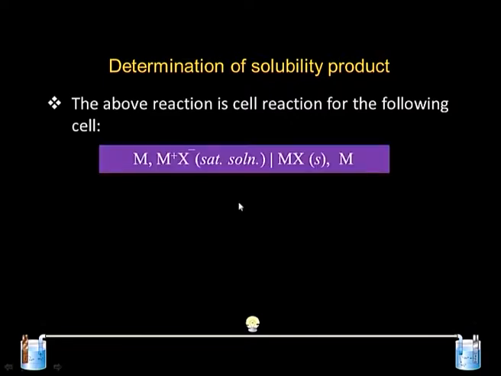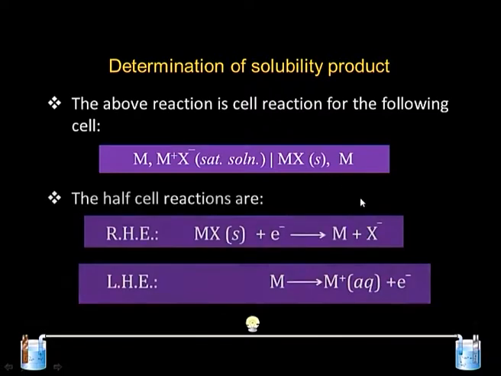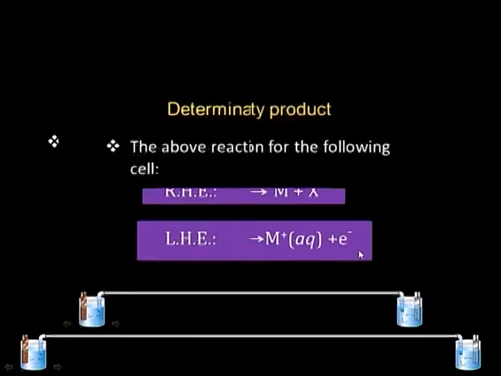We can write it as M plus X minus in saturated solution, and on the other hand side we have MX solid and metal M. The half cell reactions we can write for right hand side, that is MX solid is taking an electron giving M and X minus, whereas on the left hand side metal is oxidizing to M plus aqueous and an electron is evolved.